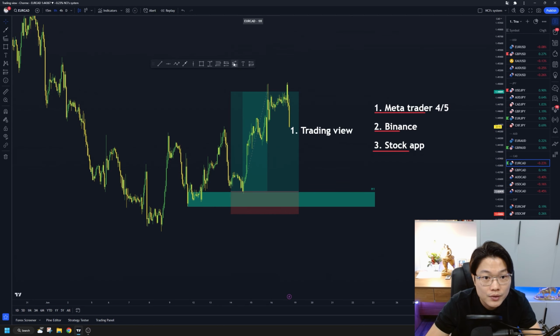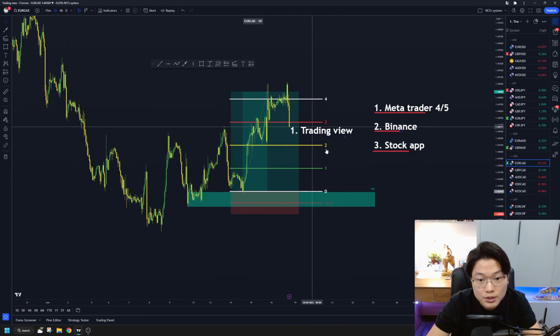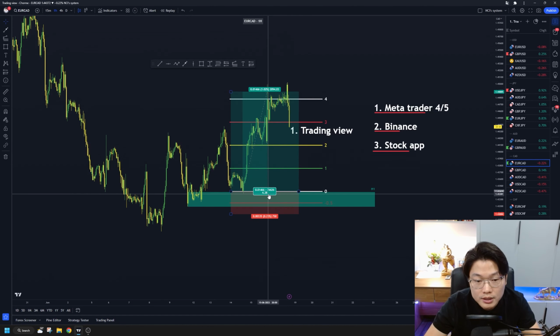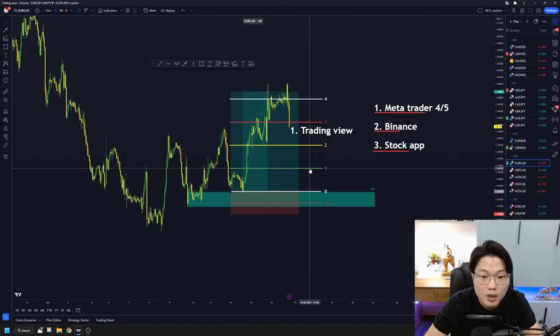And I can use this tool like this, drawing like this. I just want to use it for this purpose only. And here is the 0 level, and here is 1R, 2R, 3R, and 4R, totally 4.3 reward-to-risk ratio. And this one can help you to more easily refer to and control my trade.